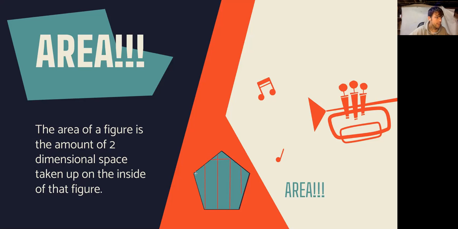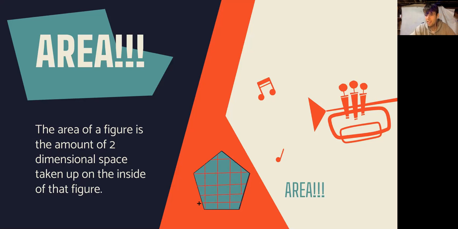So maybe it's something like this. And the area is how many of these squares exist in there. Now my grid's not perfect, but we could do a rough count. If this was my unit of measurement, we could do a rough count and get an idea of the area.